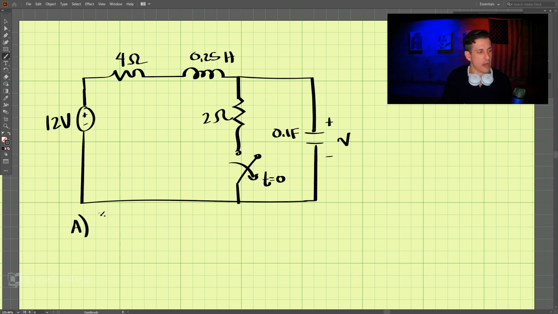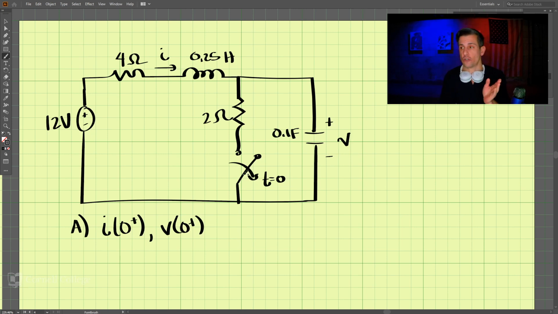So what we want to find is this current I at time 0 plus, right immediately after this switch opens. And then we also want to find the voltage at 0 plus, that is the voltage across here, immediately after.